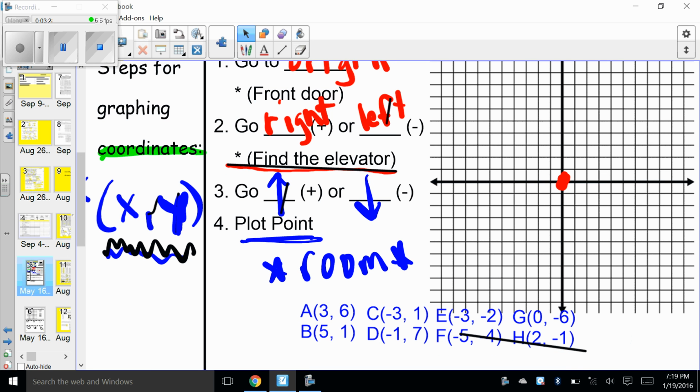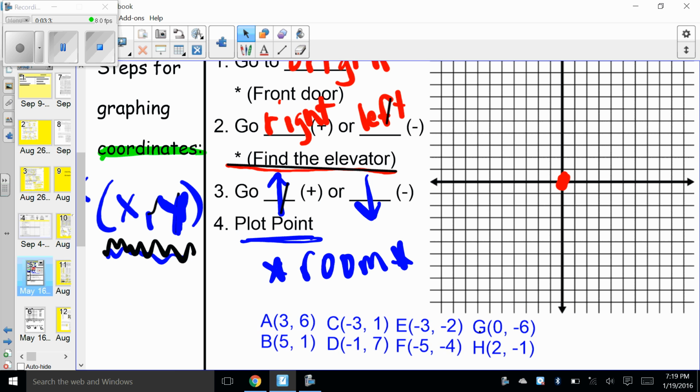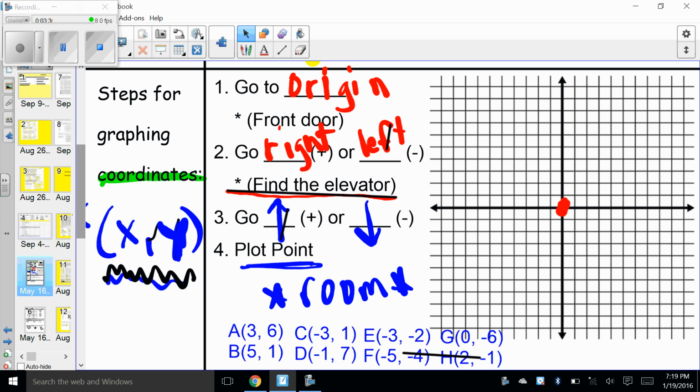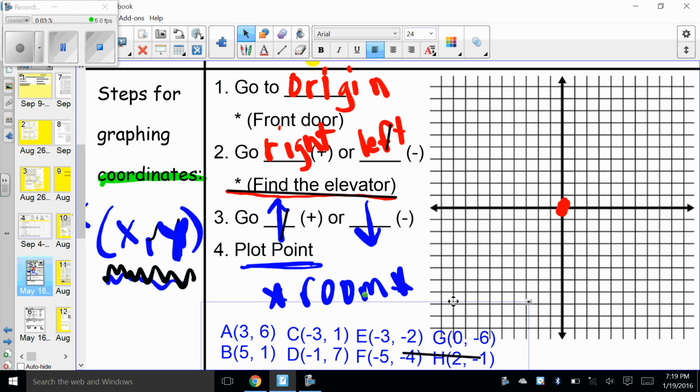So we're going to say player A is staying in room 3-6. So how does that work? Well, the first thing we would want to do is check in at the front door called the origin. So we're going to check in and say, hi, I'm player A, where's my room? And they're going to say you're staying in room 3-6. First thing you do is you find the elevator.